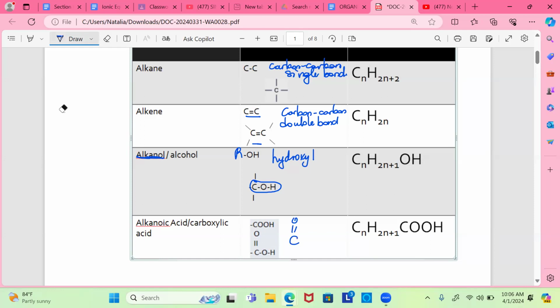C double bond O, OH, or we can write it out like this. The name of the functional group is called carboxyl. And the general formula is CnH2n+1COOH.